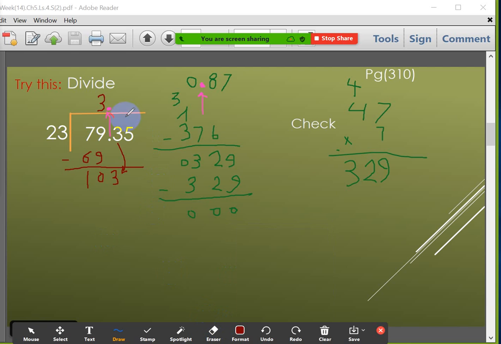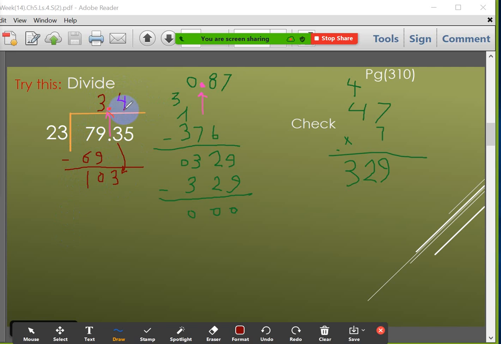103 divided by 23. How many 23 in 103? Okay, look, when we divided 79, we took 3. So for 103, I will take 4.